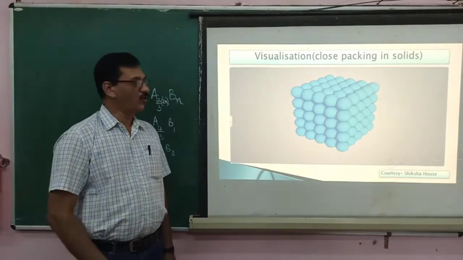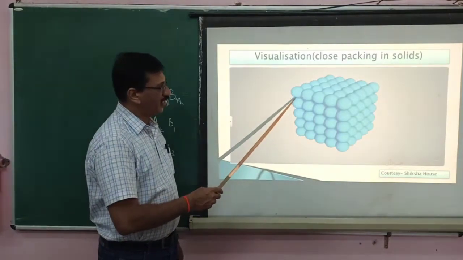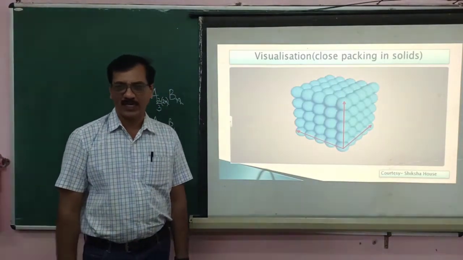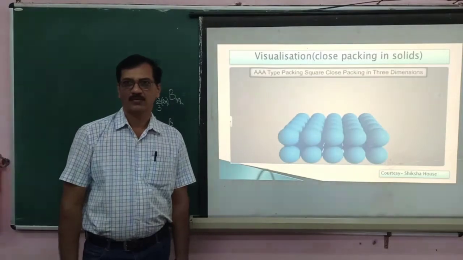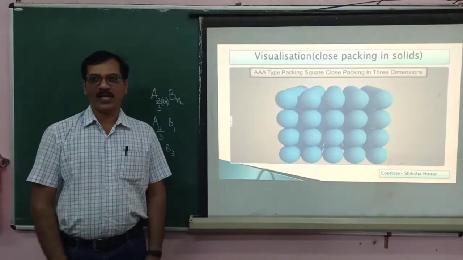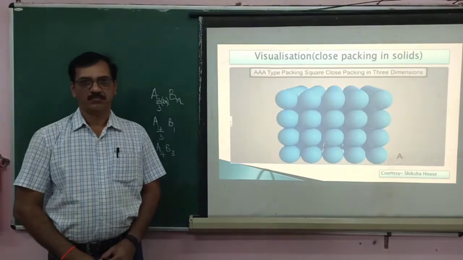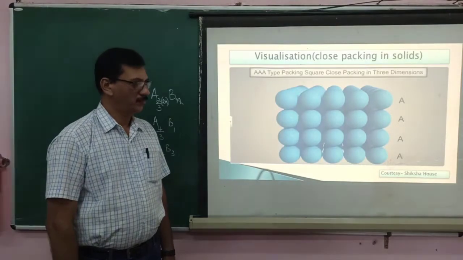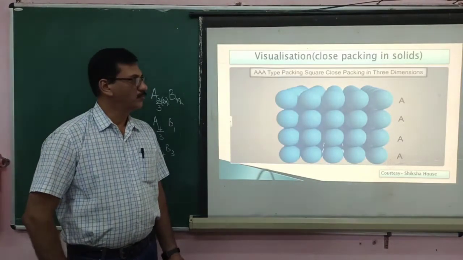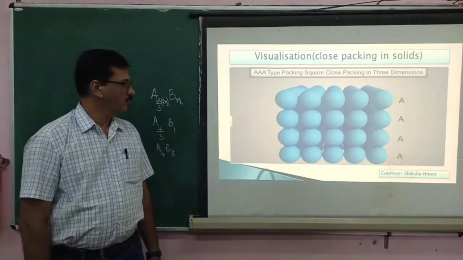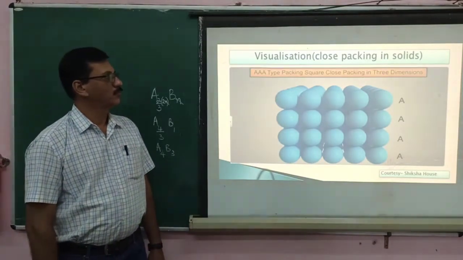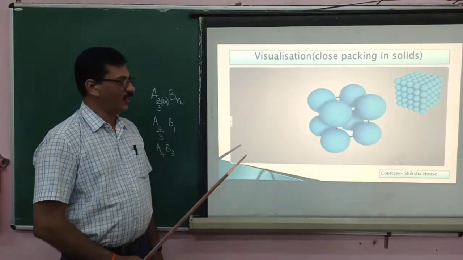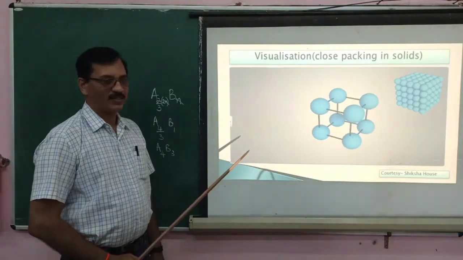Such layers are taken and kept one over the other in a similar way, that means AAA type. So this will lead to a unit cell which is of primitive type. This is called AAA type of packing. Each unit cell looks like this, right?